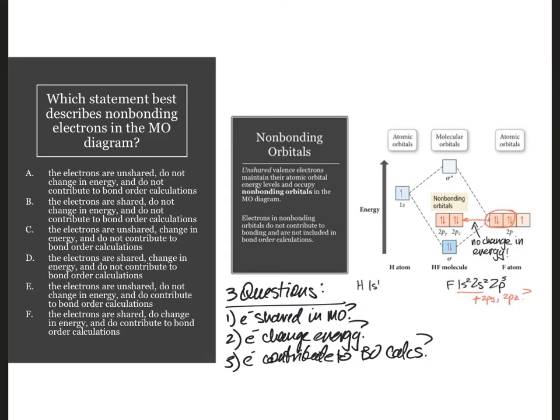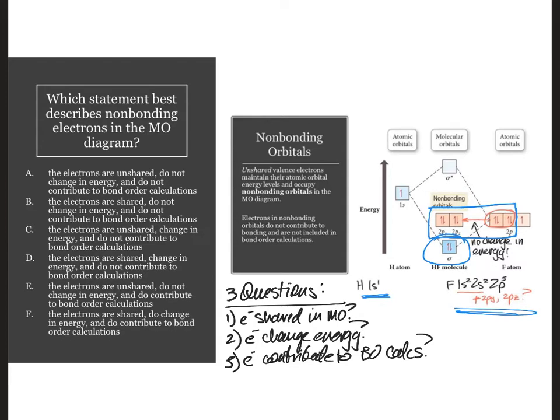All right, this question is asking about non-bonding electrons in the MO diagram. So we saw how hydrogen can make a bond with fluorine. When it does this, it only involves the 2px orbital of fluorine. And so that means that we have these 2pz and 2py orbitals that don't change at all.